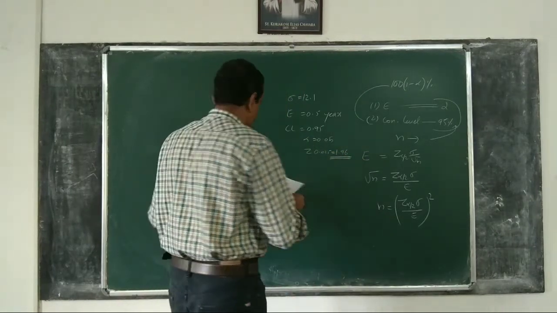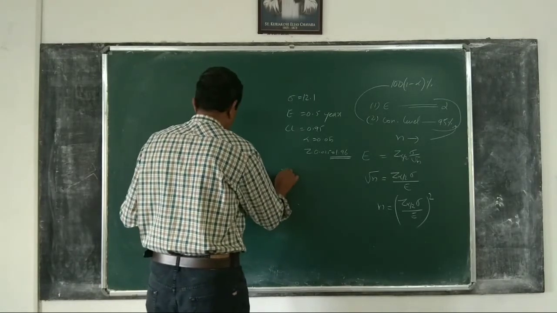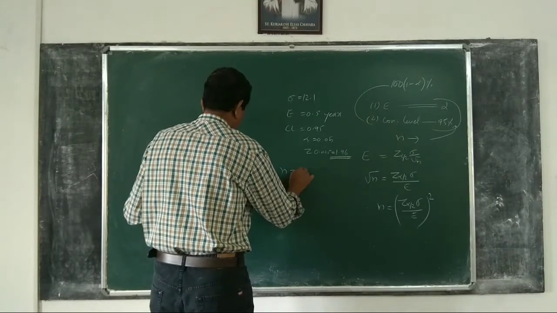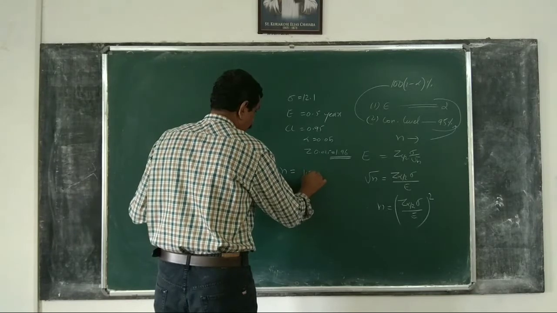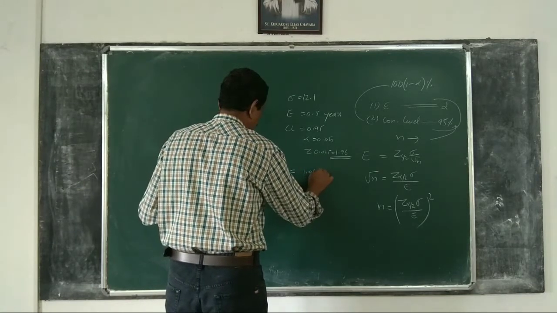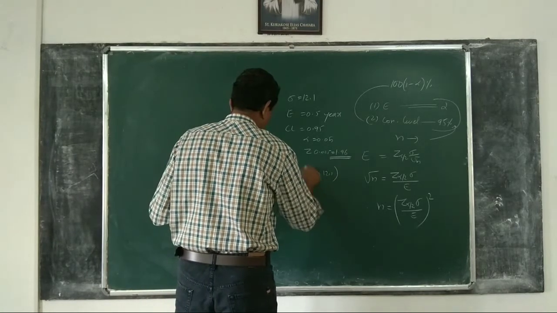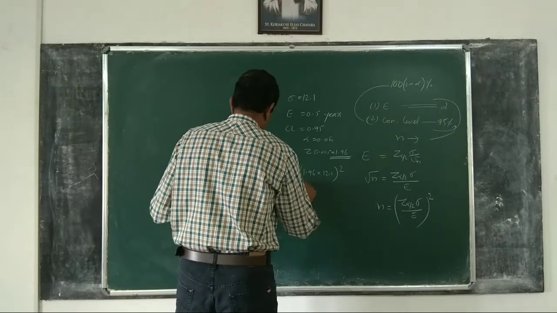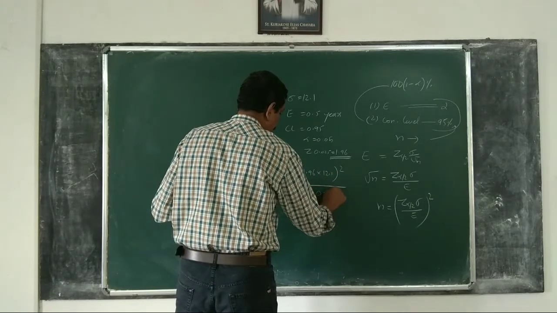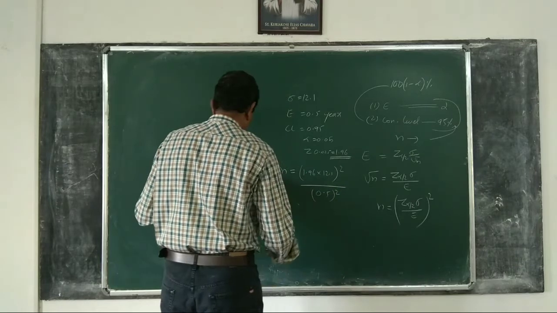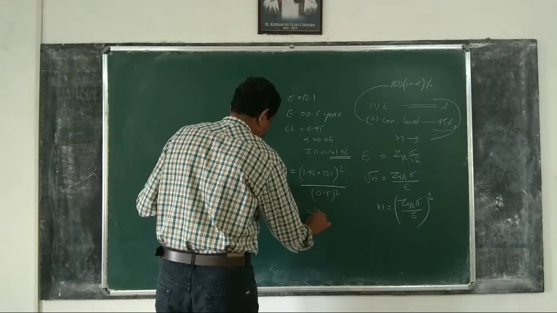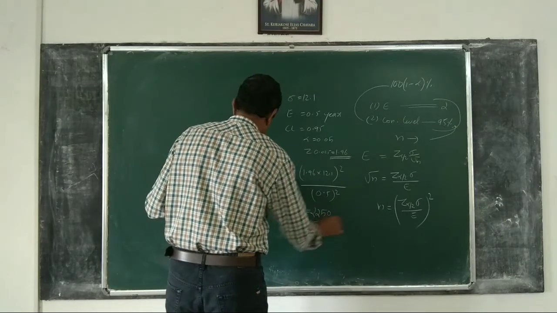Now, the required sample size n is Z alpha by 2, 1.96 into 12.1, square, by 0.5 square, which is equal to 2250.